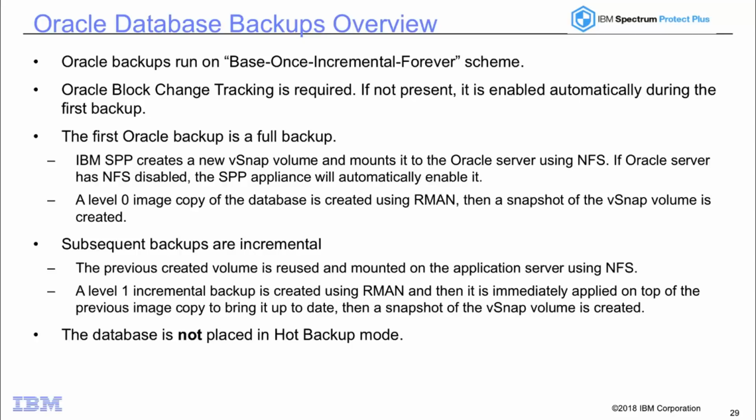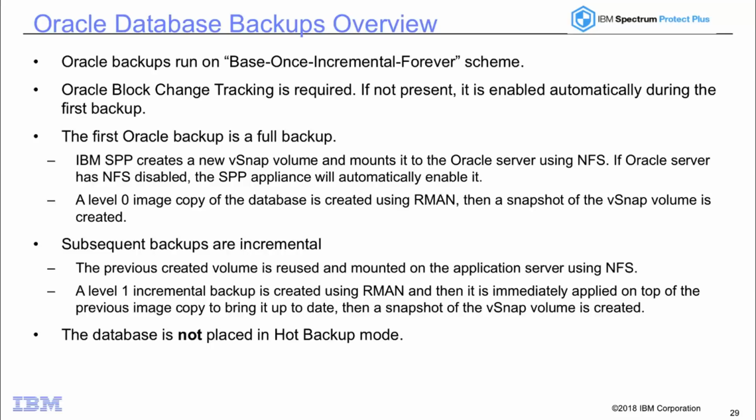So, the details of Oracle database backups and how it works in the background. Again, same concept. Oracle backups are going to be run on a backup once, incremental forever scheme. And Oracle block change tracking is required. If it's not present on the Oracle database, it will be enabled automatically on the first backup.